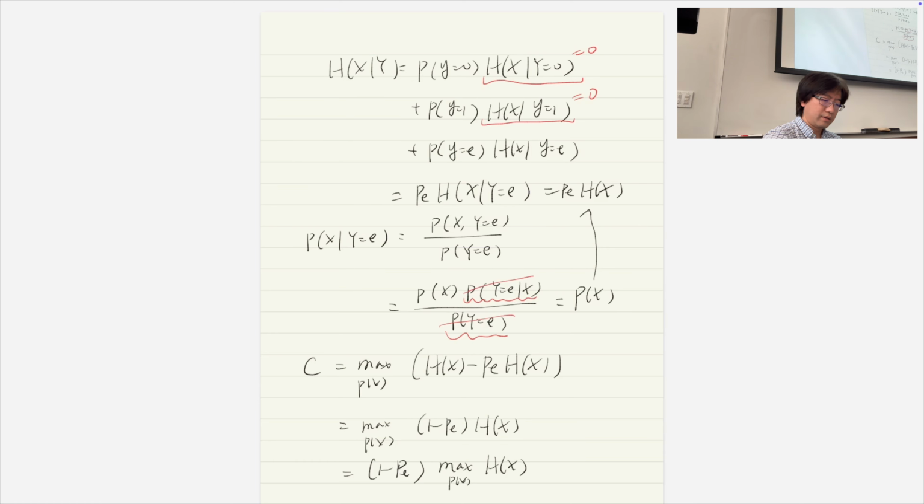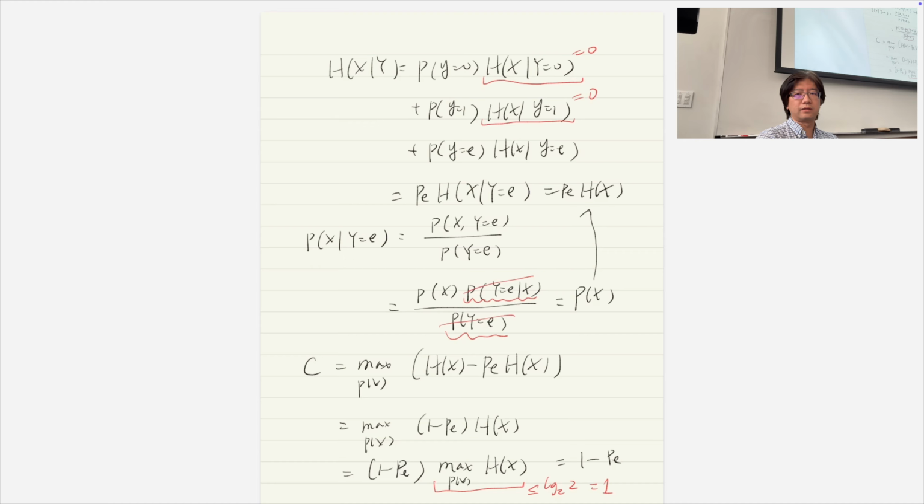Can you tell me what that equals? The maximum entropy, what's that? Yeah, the cardinality bound. So this will be less than or equal to log 2, that will be 1, and it is achieved when X is a uniform distribution. Therefore, the capacity of this channel is nothing but 1 minus Pe.